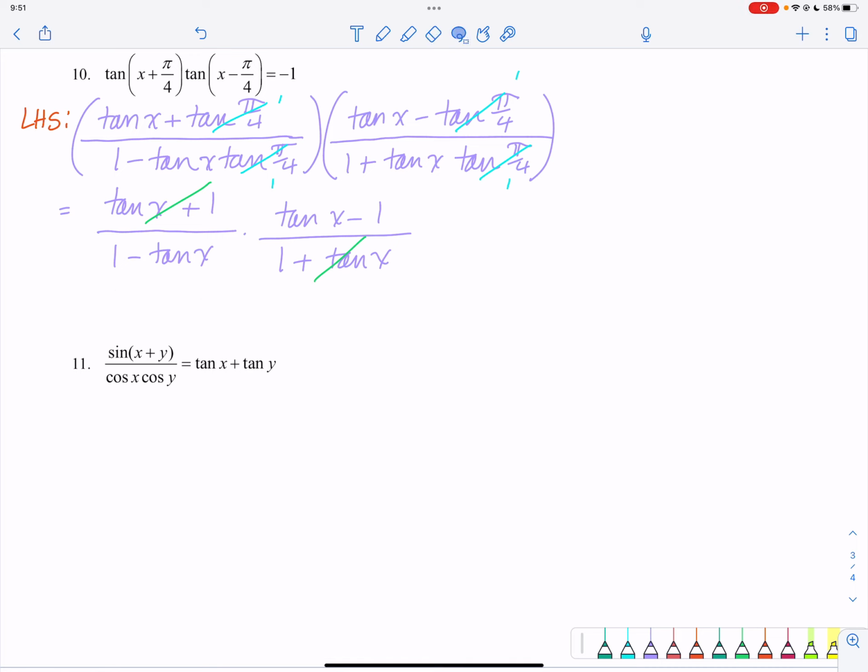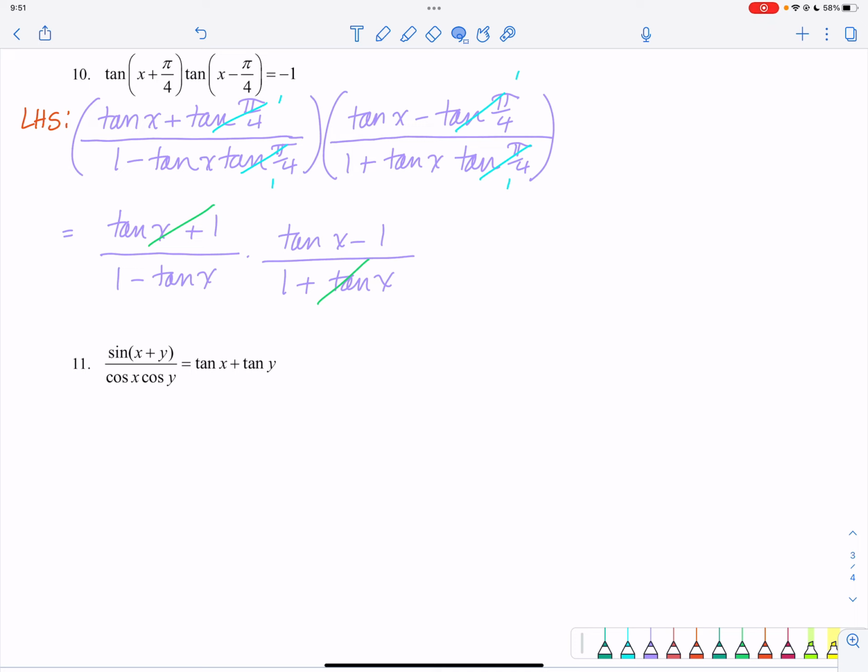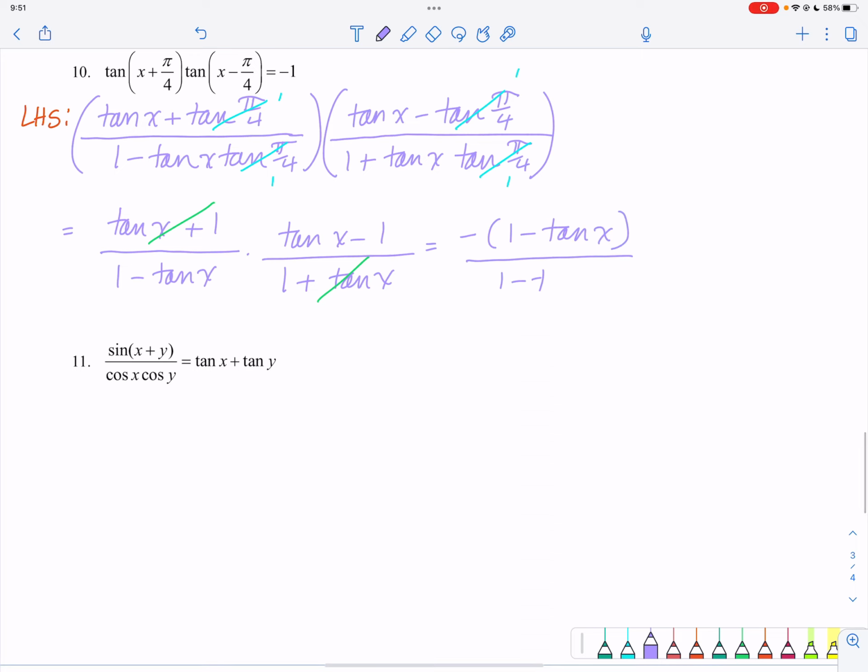I think this is important enough to say that this is equal to the opposite of 1 minus the tangent of x divided by 1 minus the tangent of x, rather than just saying that that's equal to negative 1.